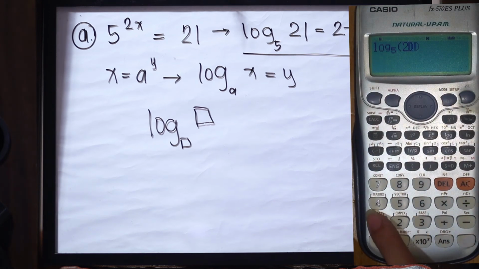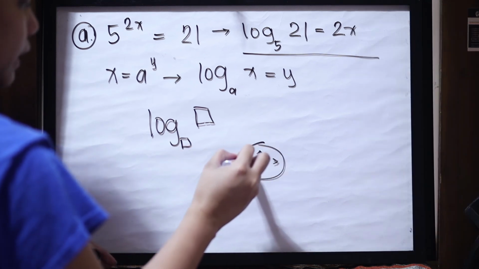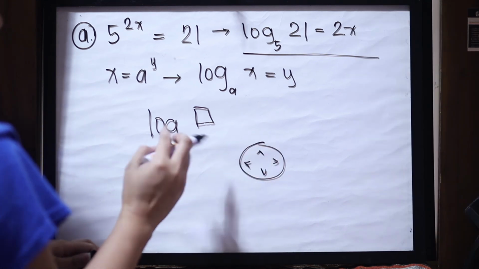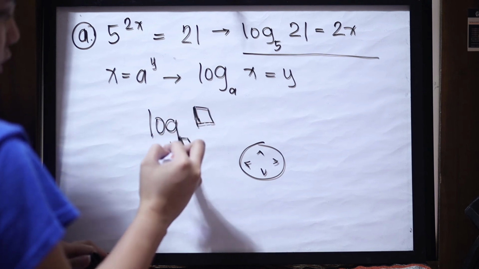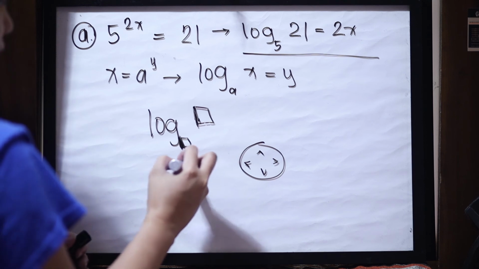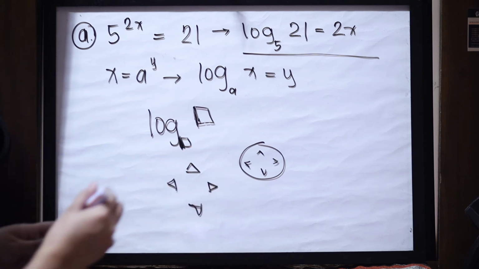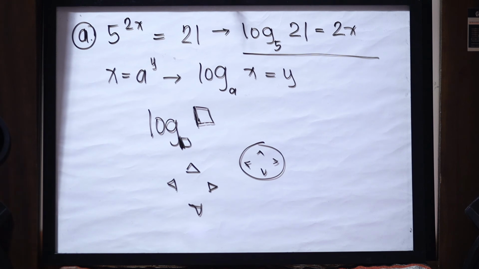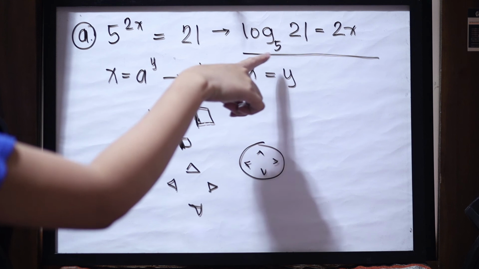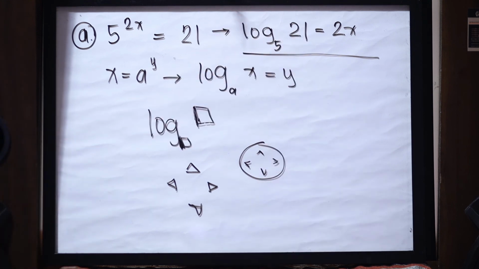Yung parang bilog sa gitna na may arrow-arrow na ganyan. So, gamitin nyo yan para ilipat nyo yung cursor. O kaya naman kung arrow keys talaga yung nandoon sa gitna ng calculator ninyo, yun po yung gawin ninyo. Para maisulat nyo yung logarithm of 21 to the base 5. Ganito yung itsura niya. Then, you just press equal.